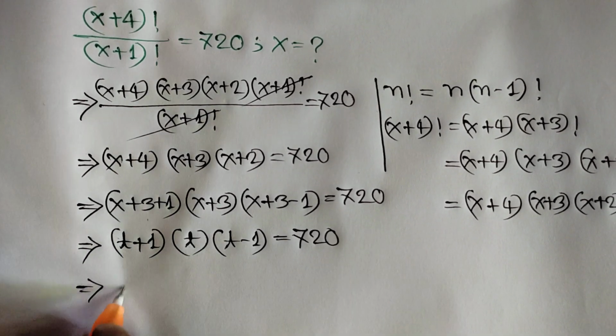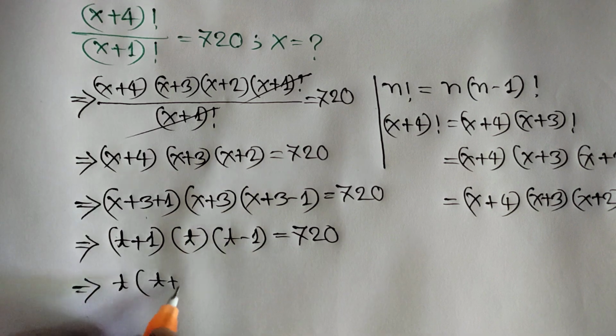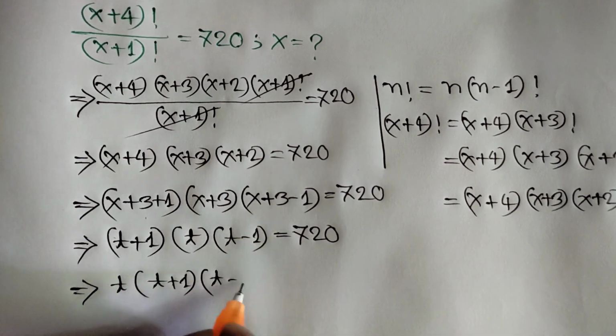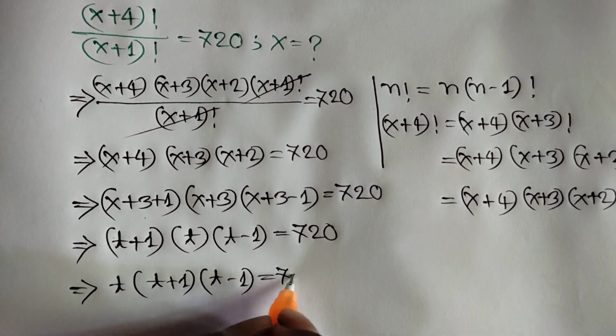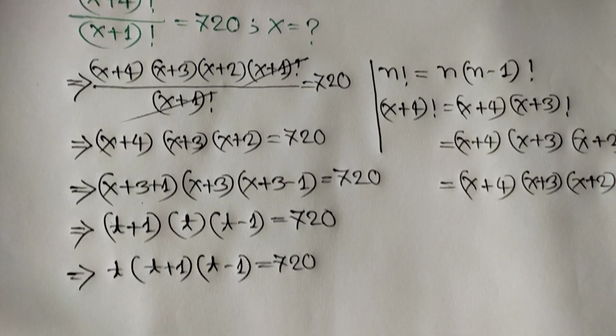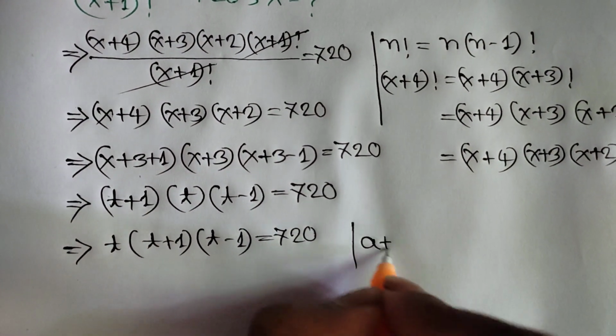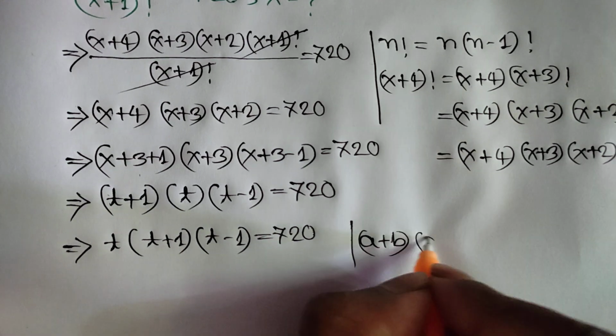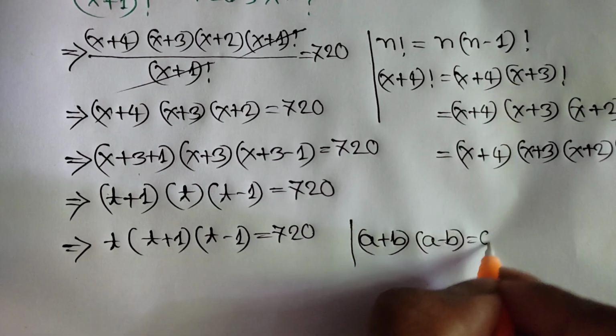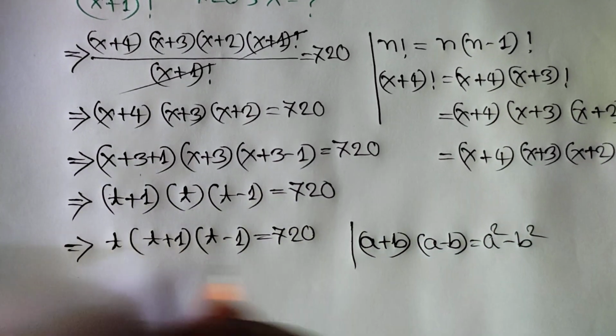Rearranging it we can write t times (t+1) times (t-1) is equal to 720. Now we know (a+b)(a-b) is equal to a squared minus b squared. So apply this rule here.